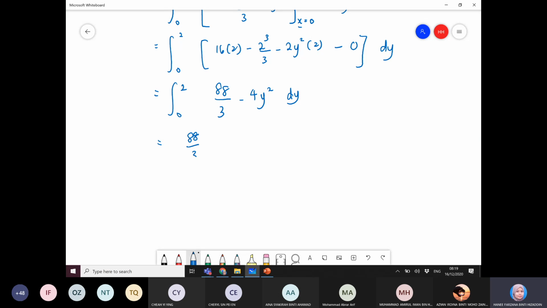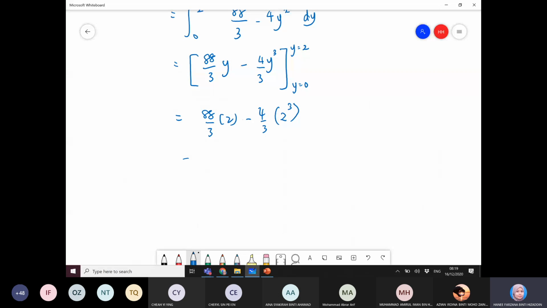So you get 88 over 3y minus 4y cubed over 3. Then you put in the values from y equals to 0 to y equals to 2. Then you get 88 over 3 times 2 minus 4 over 3 times 2 to the power of 3. Then you evaluate the number, minus 0.